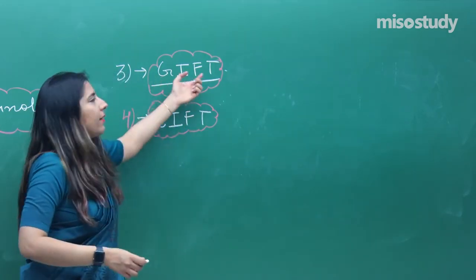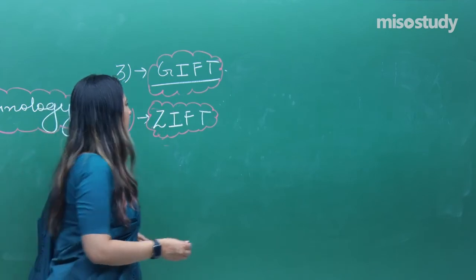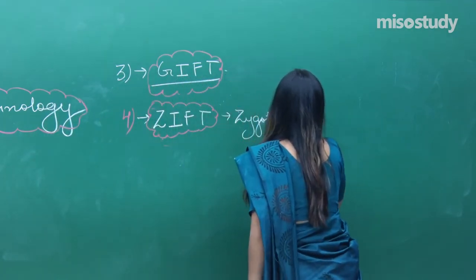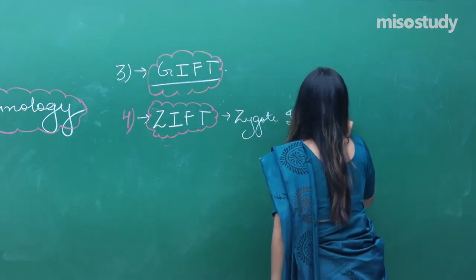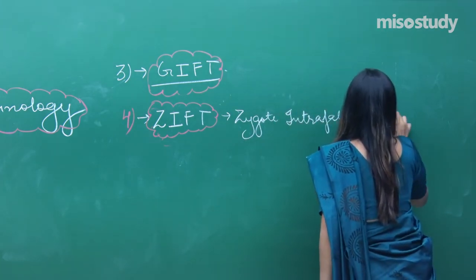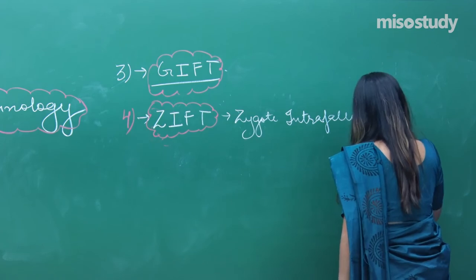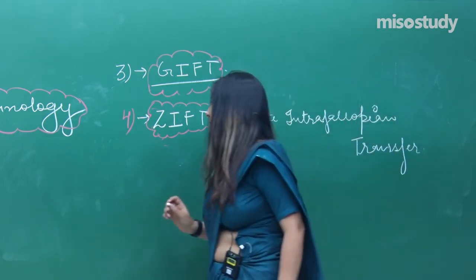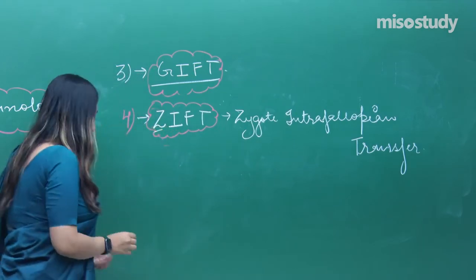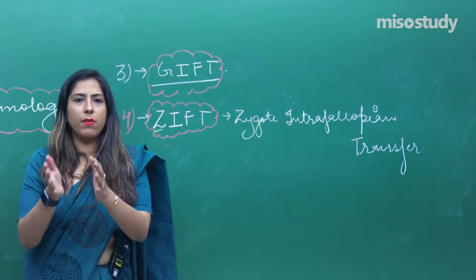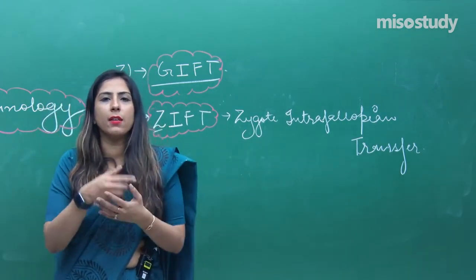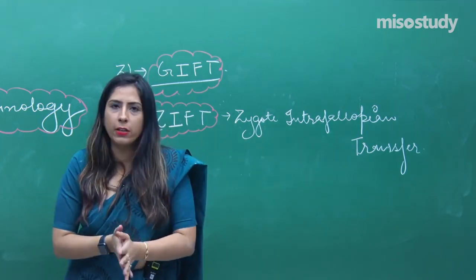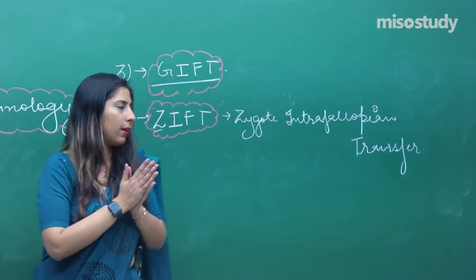Earlier it was gamete intrafallopian transfer, now it is zygote intrafallopian transfer. So what happens in this case? Now the question arises, what do you mean by zygote? Whenever the female gamete and male gamete combine together, the first stage which is formed is called the zygote. And that zygote will transport itself into the uterus where the implantation will occur, right?